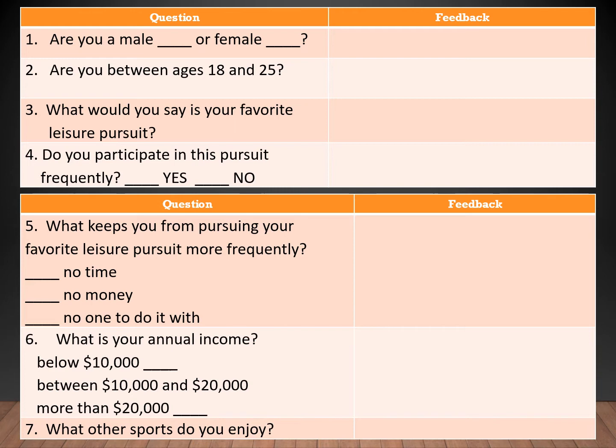If somebody doesn't feel comfortable answering this, or doesn't identify as male or female specifically, we have no other options. So the best way to go about this, if we're going to go with a male-female type variable, is to say male, female, other, and do not answer, not applicable, or something like that. Just offer some other options that are a little bit more inclusive of the different people that are going to be answering this.